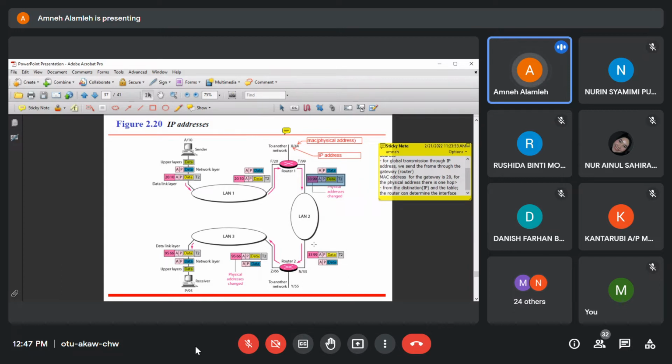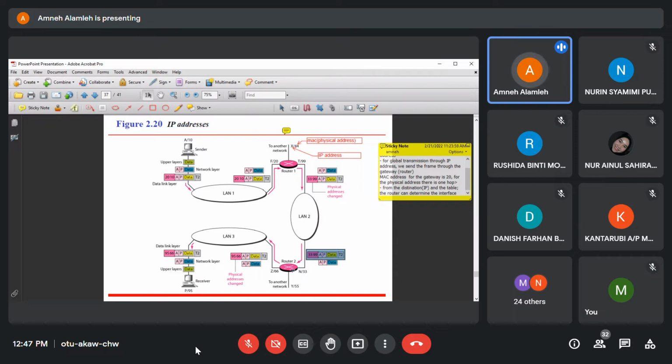Router 2 receives the frame and decapsulates it. In the frame, we say the data is encapsulated. It decapsulates the data, checks the correctness of the data through the trailer, and decides where to send the data through its routing table and the IP address in the data.